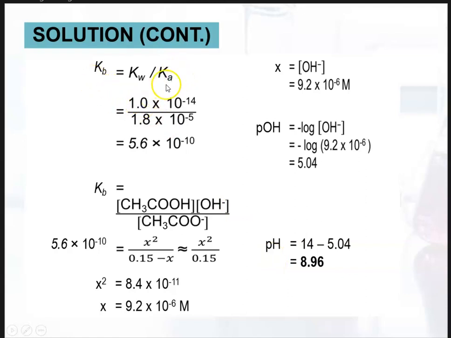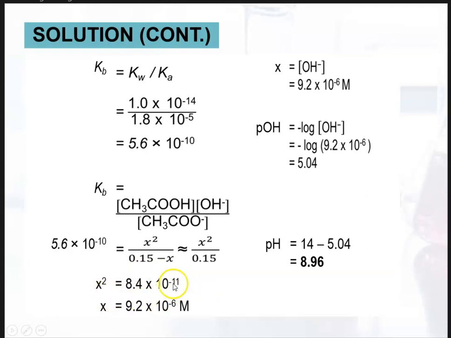Even though the given value is the Ka, since at equilibrium we have the concentration of hydroxide ion, you need to find the Kb for this conjugate base. This is the conjugate base of acetic acid. So find the Kb. Then you solve this using the assumption first, because normally a very low Kb value means it will dissociate only a very small percentage.